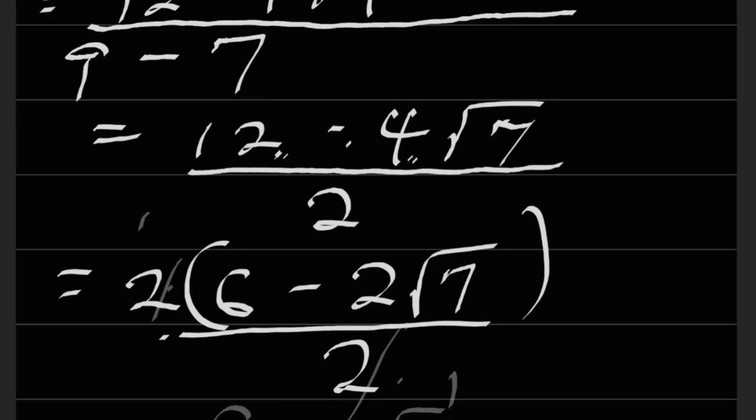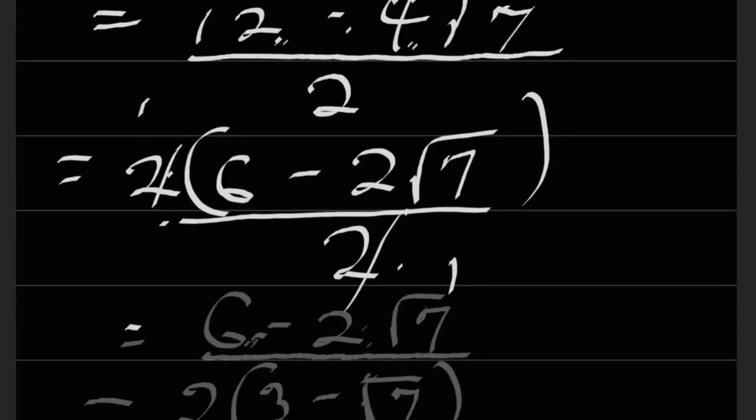So now these 2 and these 2 can cancel. 2 here, 1. 2 here, 1. What we are now left with is 6 minus 2 root 7. We can leave our answer like this.